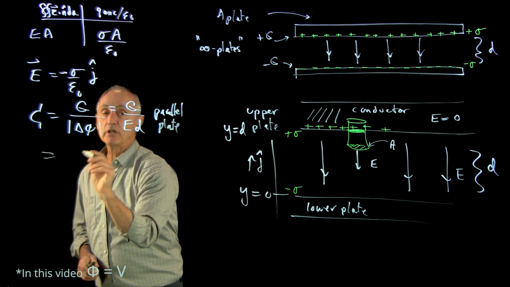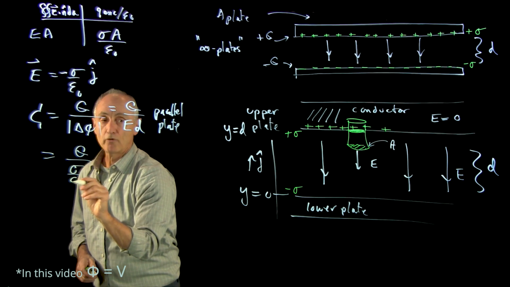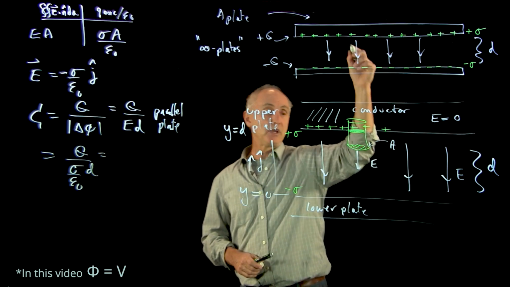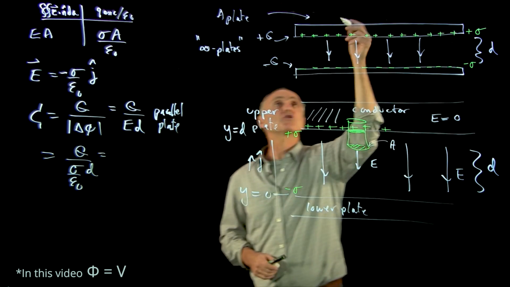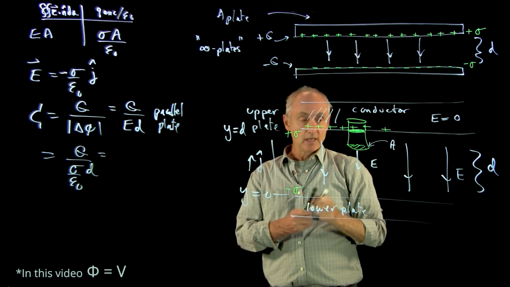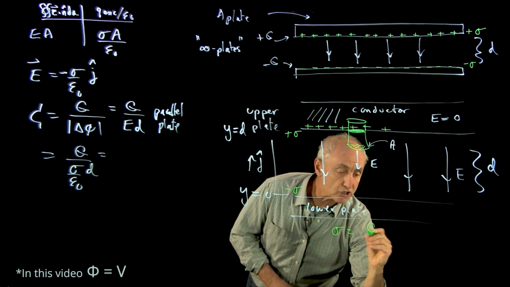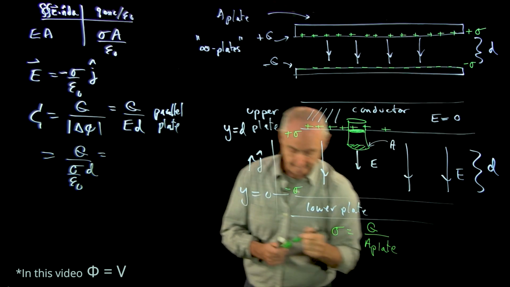So now we've calculated E, and we have in magnitude sigma over epsilon naught times d. And the sigma that appears on these plates is equal to, let's just write it up here, sigma is equal to the total charge in the plate divided by the area of the plate.